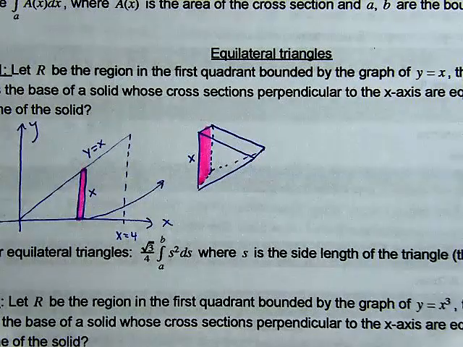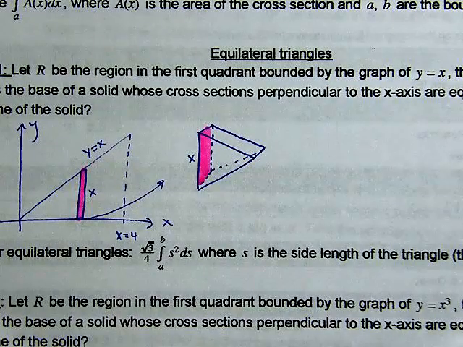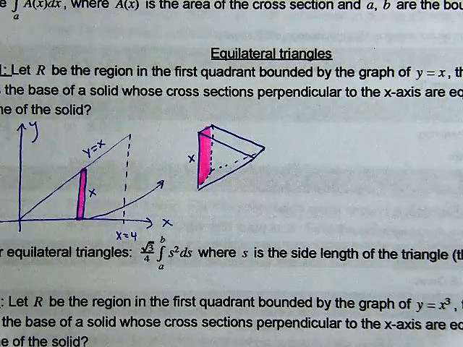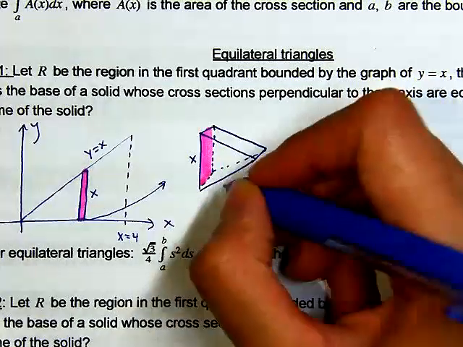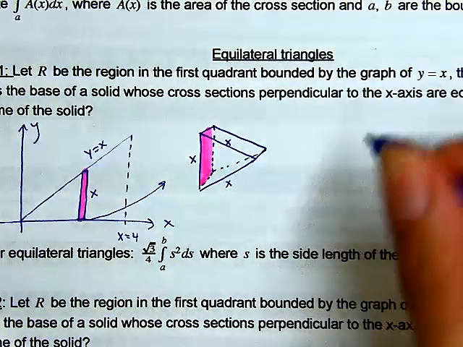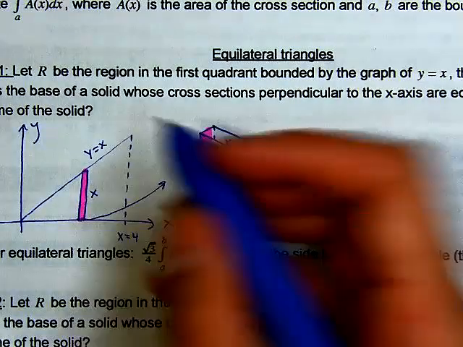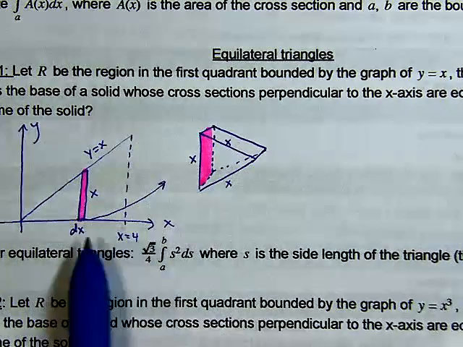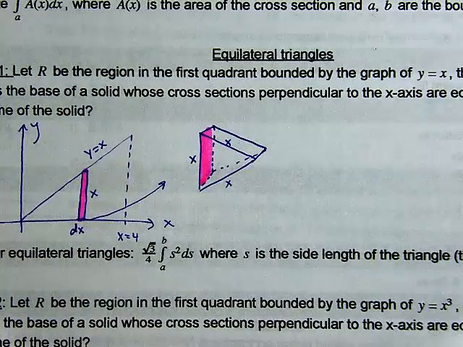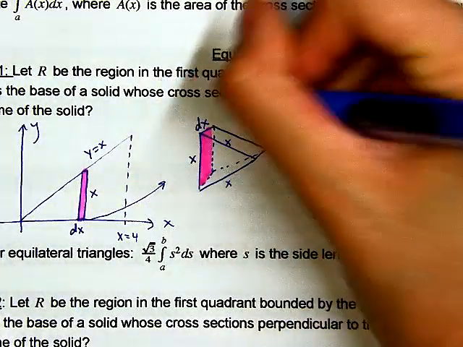That is what we have pulled out. So, because it's an equilateral triangle, that means that if that side is x, this side is x, this side is x. How thick is this triangle? Well, similar to last time, however wide your change in x values are. So this is dx thick.